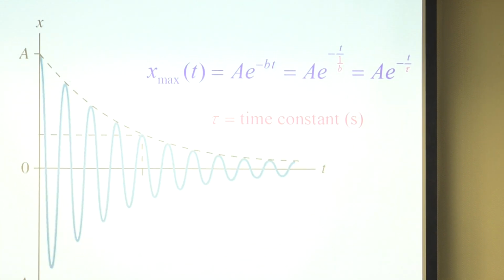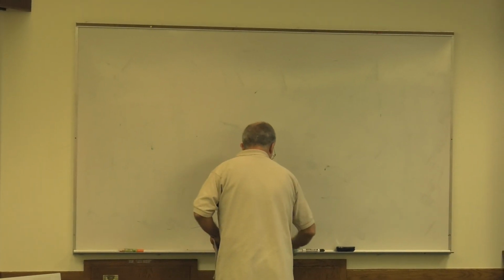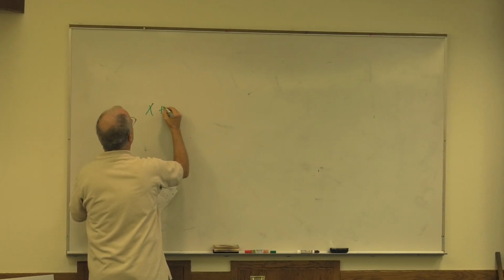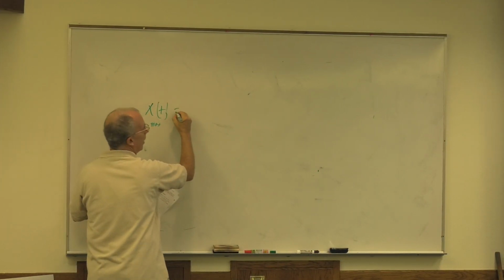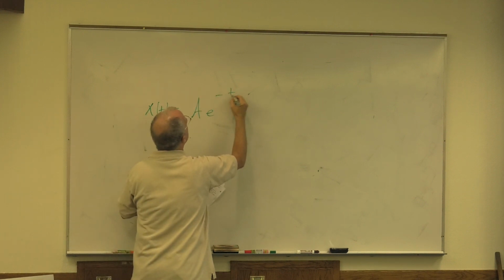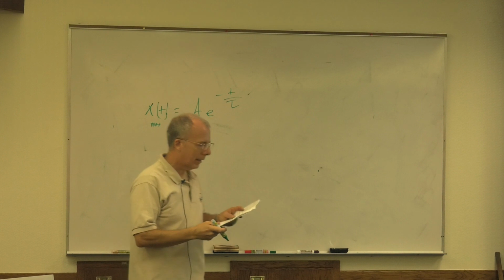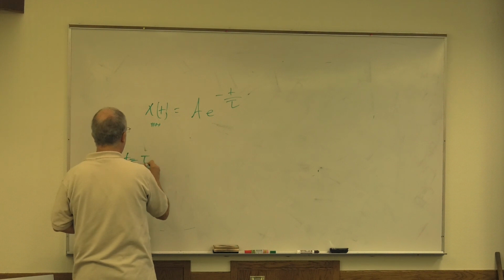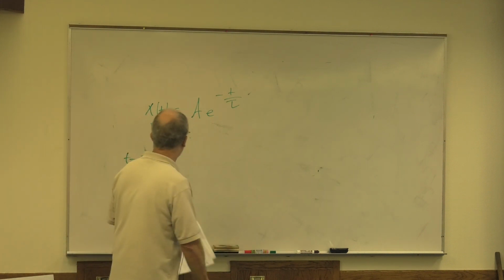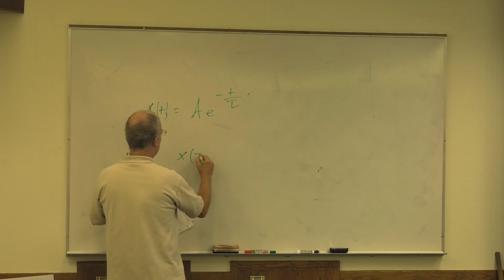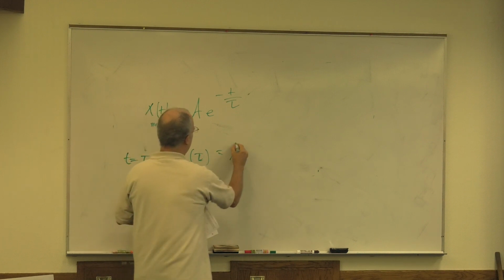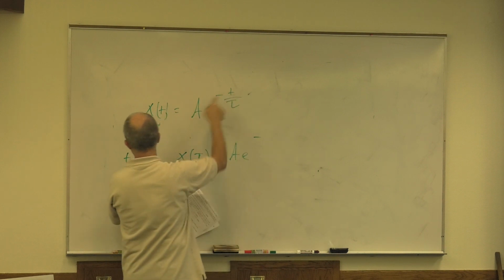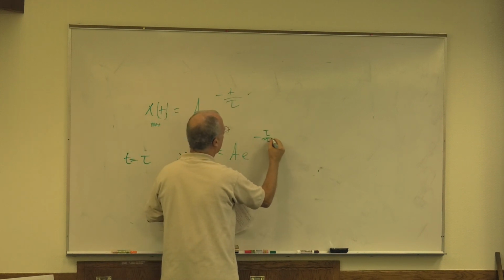And why is it nice? Here's why. I have x max as a function of time equals a e to the minus t over tau. Now, let's say that the time equals tau, whatever that is, 2 seconds, I don't know. Then x of tau equals a e, and since t is tau, I have minus tau over tau, which is minus 1.